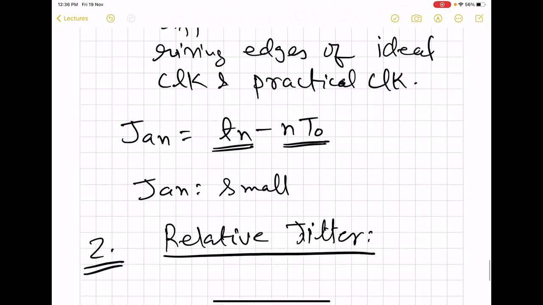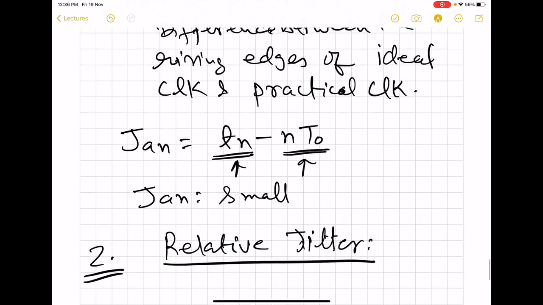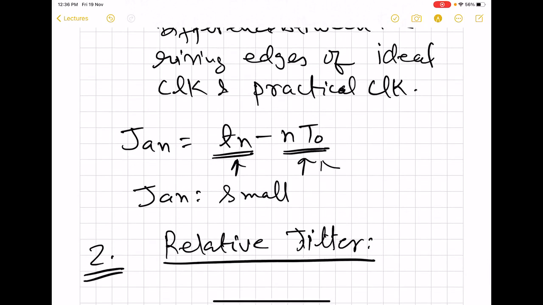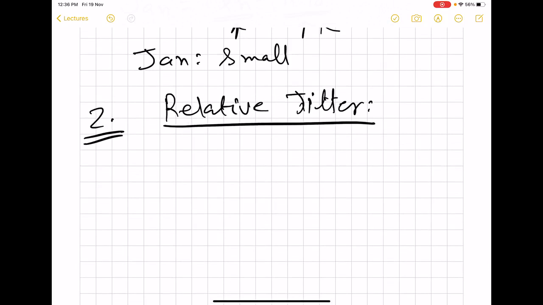Instead of comparing the location of the rising edge of the practical clock with respect to that of the ideal, what we do is we take this wave also as another clock, which is supposed to have, of course, the same frequency. So we take two non-ideal clocks and then compare the difference in the rising edges of each of those two clocks.